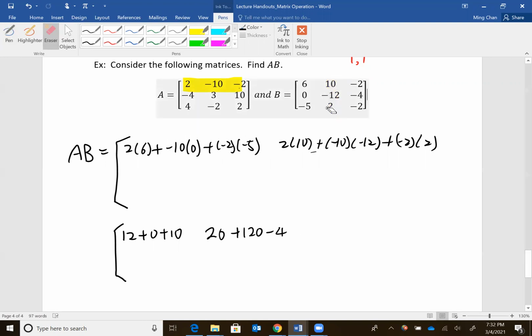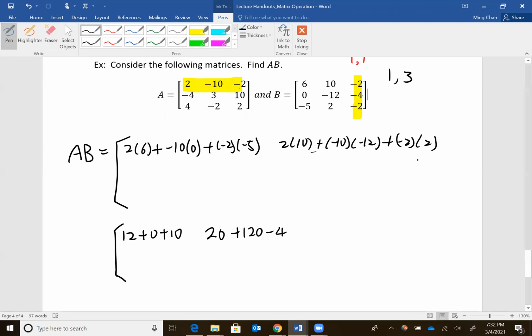All right. Row 1, column 3. That will give me the 1-3 entry, right? That will be this entry right here.